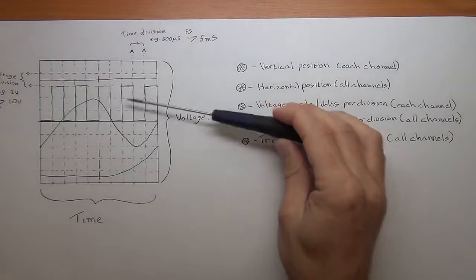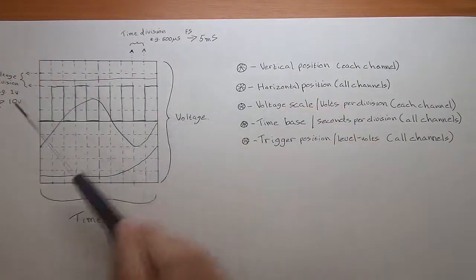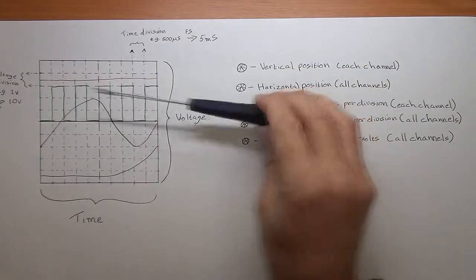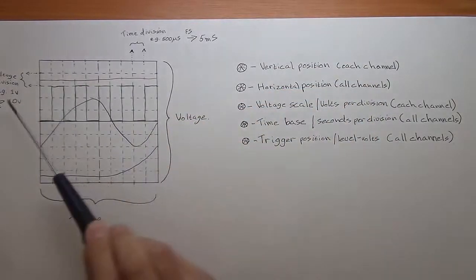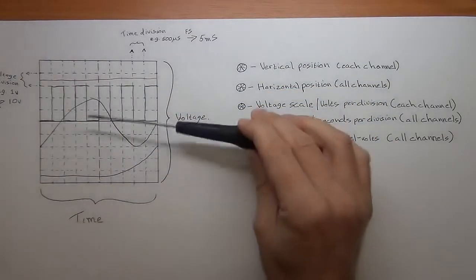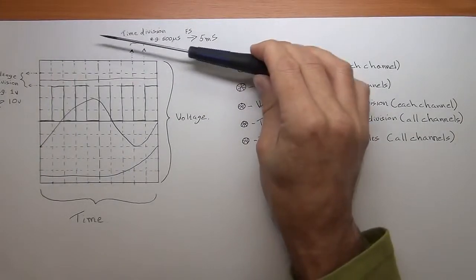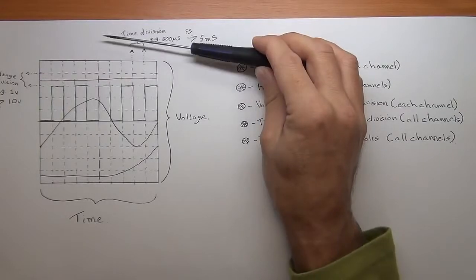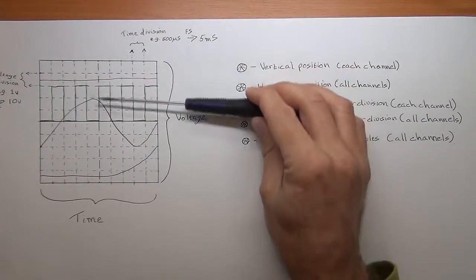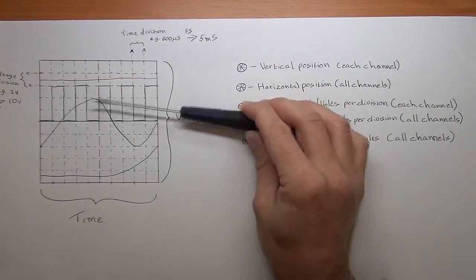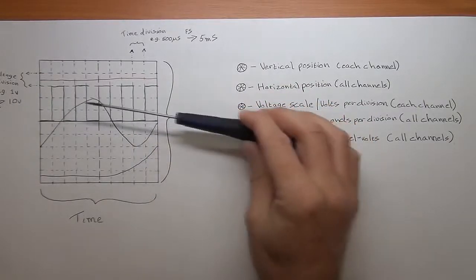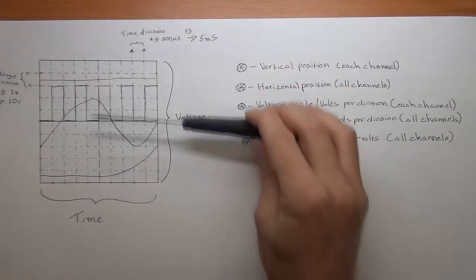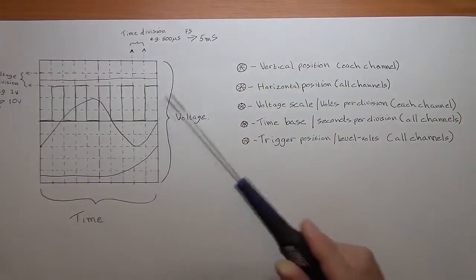What that allows you to do, without changing the scale of the signal, is to position it up or down, because depending on what scale you've set, it might be out of range of the display. As you saw, I had that signal from the battery and I had to pull it down so it was in range of the display and of the measurement values which were pre-selected so that I could see it. That's the vertical position knob. Very, very simple to use.